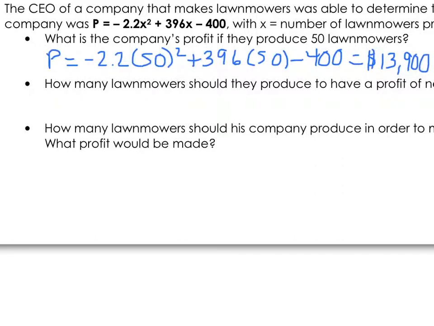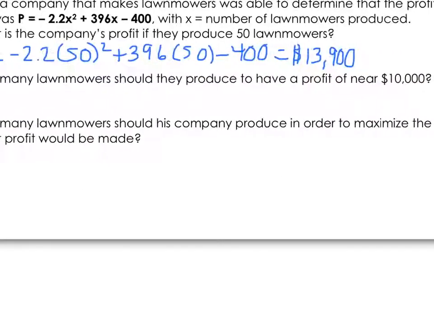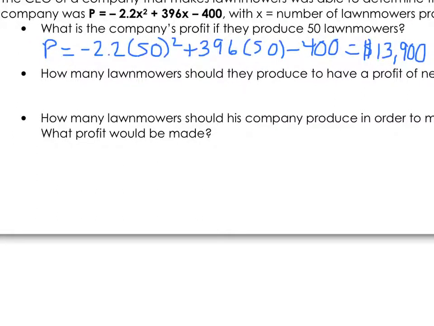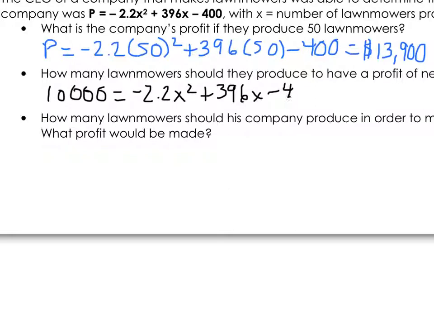How many lawnmowers should they produce to have a profit of near $10,000? Doesn't seem like it's going to be exact, but we want it to be nearly $10,000. So we have 10,000 is our profit. How many lawnmowers should we produce and sell? What is x? We need to solve this quadratic.